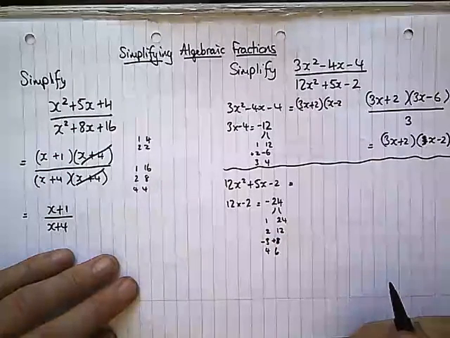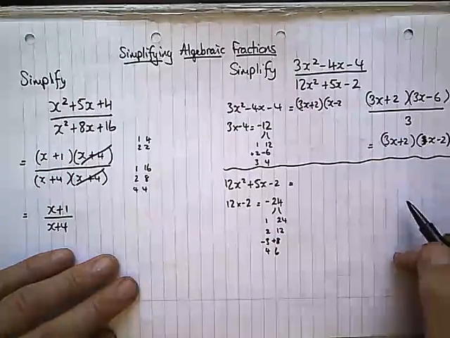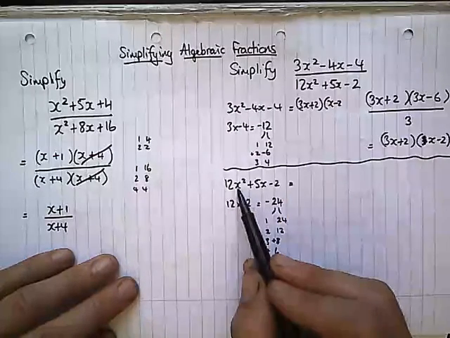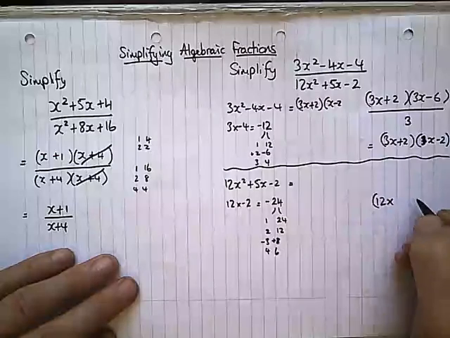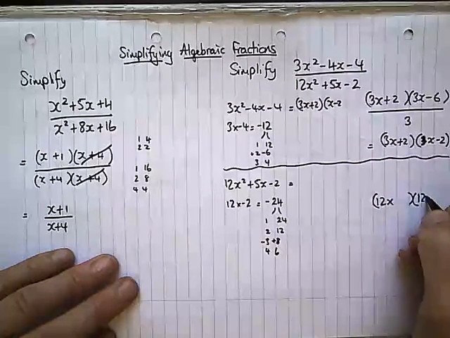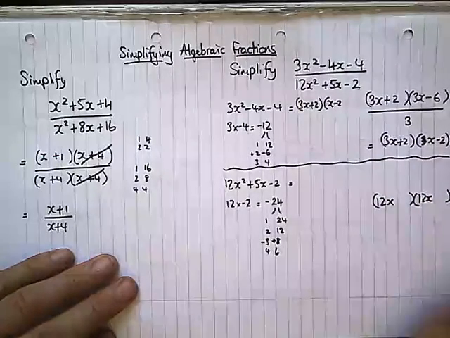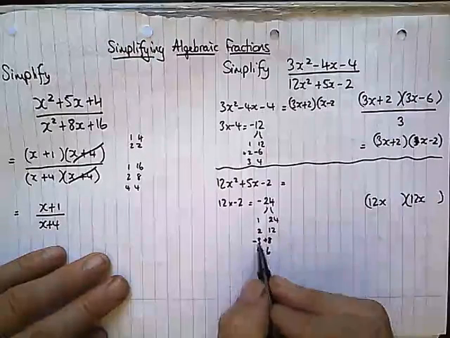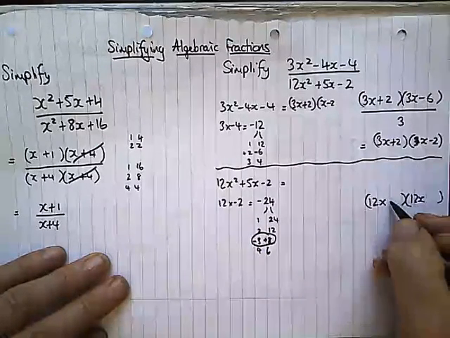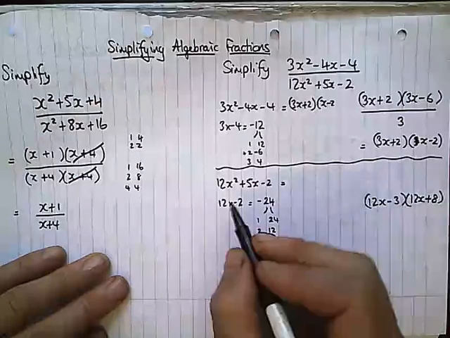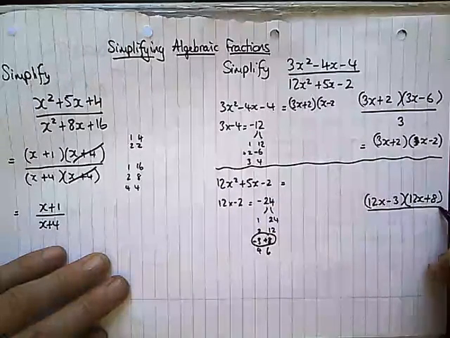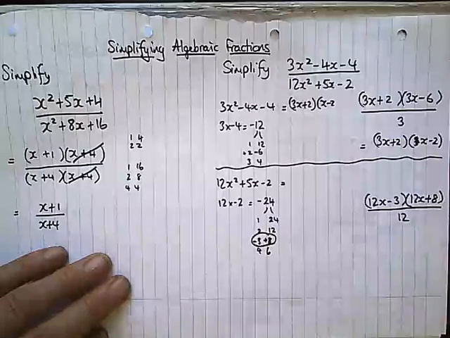Okay? So over here, we're going to take the 12x out of the question and put it into both brackets. And we're going to put in the minus 3 and the plus 8. And then what we need to do is divide by 12, because 12 is the number in front of the x squared.